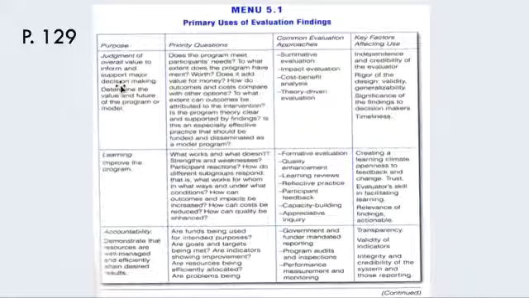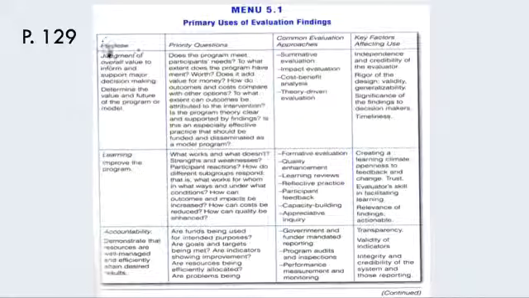So this is a good education tool to use with them, not only because it identifies the purposes, but also because it identifies the different types of questions that go with each different type of evaluation. So you can use these questions with your primary intended users, as well as the different approaches to the different types and the different factors that affect use of the evaluation.